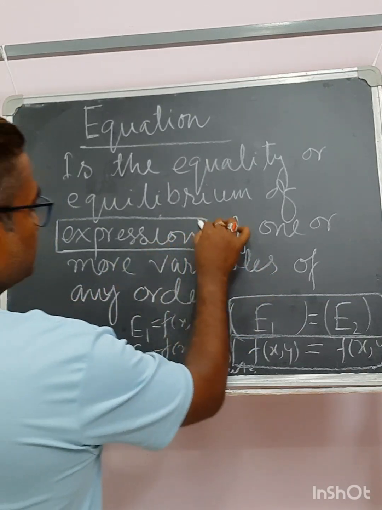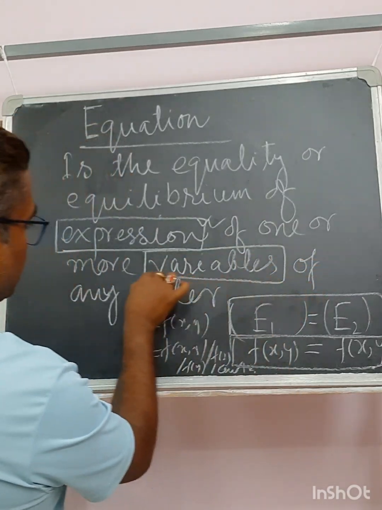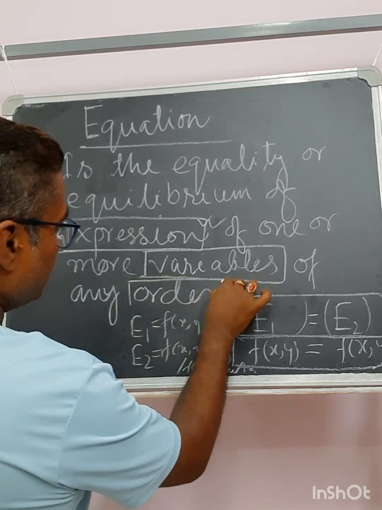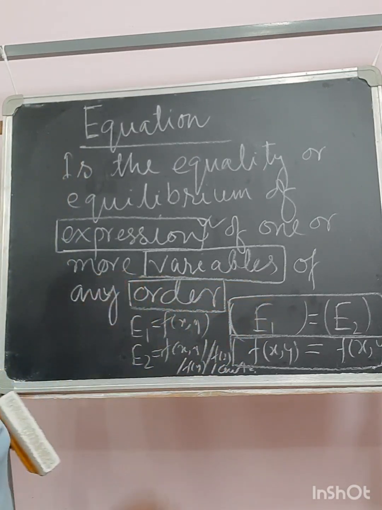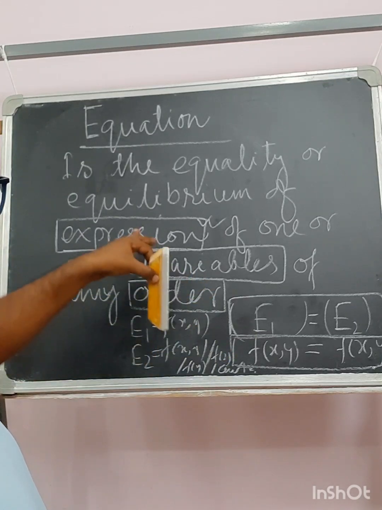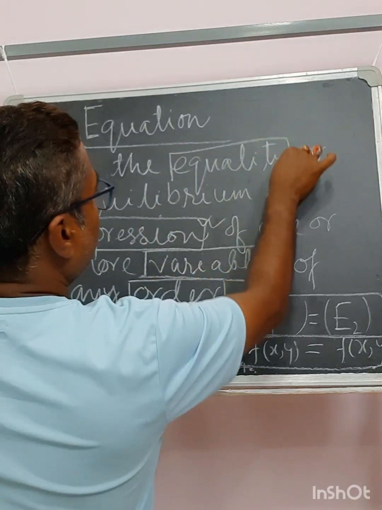Expression I will explain further, and variable is a term that I will explain, and the order. You can see the order explained in my third video. So these are three terms, and one is equality.